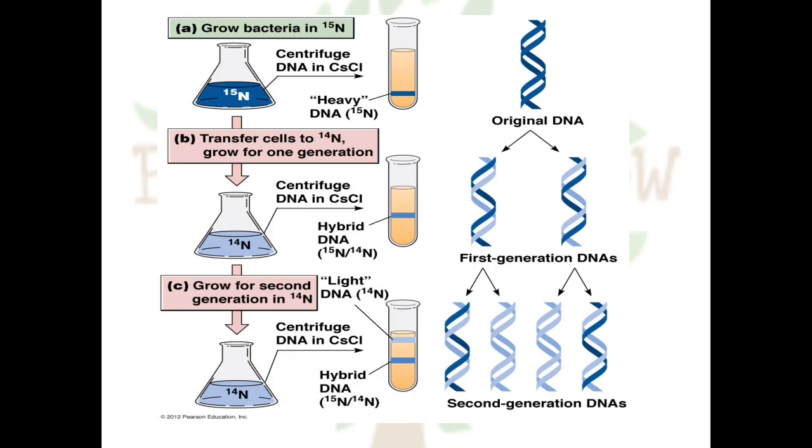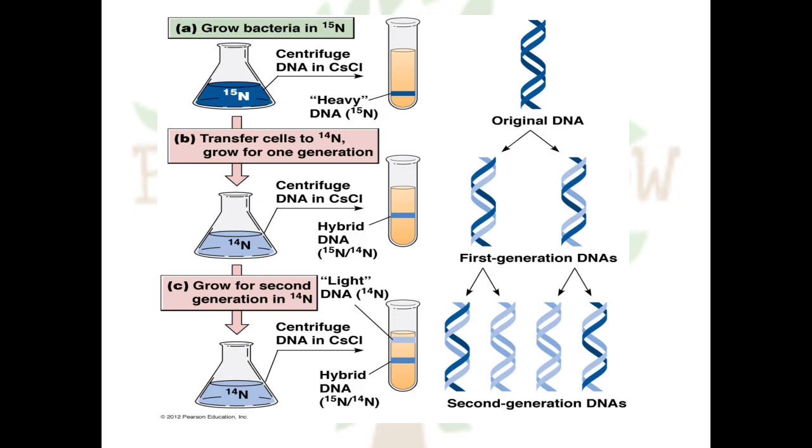So they formed a hybrid molecule, hybrid DNA containing one strand having the 15N form of nitrogen and another having the 14N form of nitrogen. So you can see the diagram shows the hybrid form of DNA, the light colored band having the 14N form and the dark colored band having the 15N form.